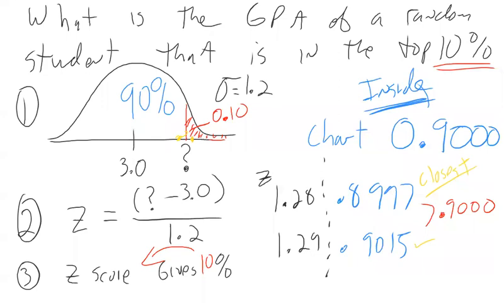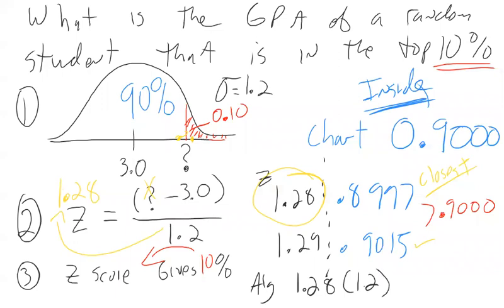So that means I take this value and I replace it with this Z. Now I have to do algebra because I have to solve for the unknown, our X. To solve for X, you have to bring the 1.2 over. So I have to do 1.28 times 1.2 because it goes from the bottom to the top. And then this is a negative 3.0, so I have to add 3.0 to it.